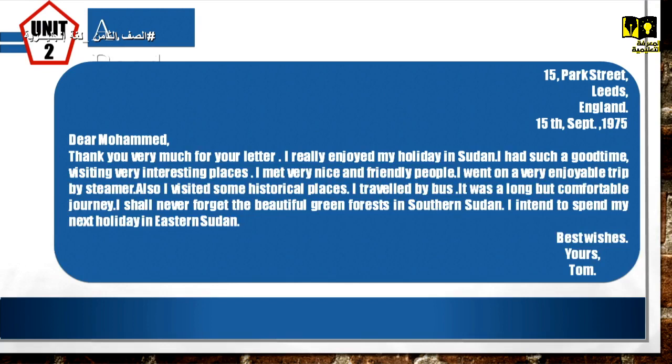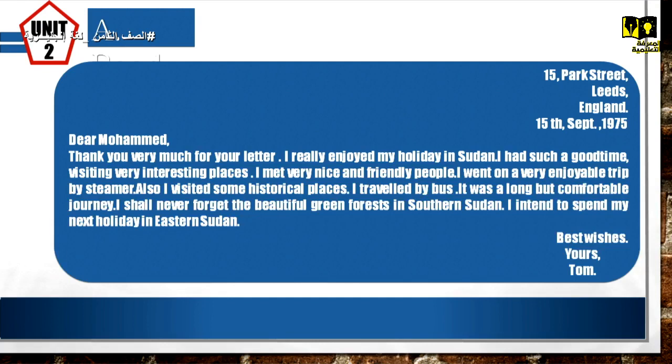If, for example, you live in Al-Gadarif, you write Al-Gadarif, Al-Maidan Street, Al-Gadarif, and Sudan. So we end our addresses by writing the country. We start from the small to the big.